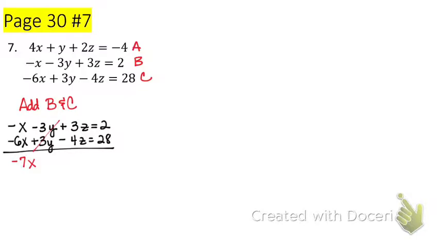The y's cancel. 3 minus 4 is negative 1z, and that equals 30. So this is my equation D.